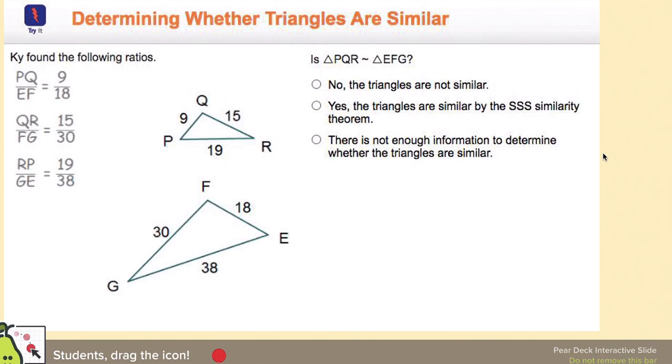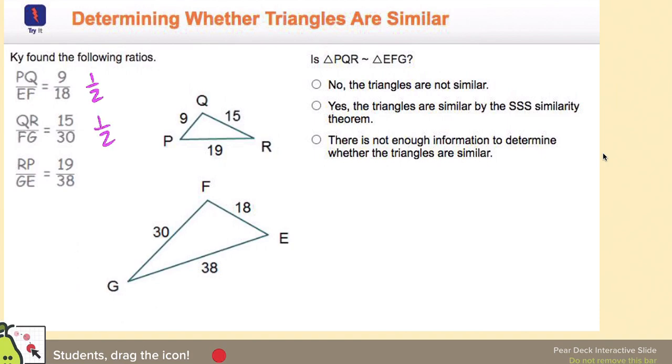Here is another one, a question from Edgenuity. Kai found the following ratios. Is triangle PQR similar to triangle EFG? So they have the ratios for us here. The 9/18 could reduce to 1/2. The 15/30 reduces to 1/2.